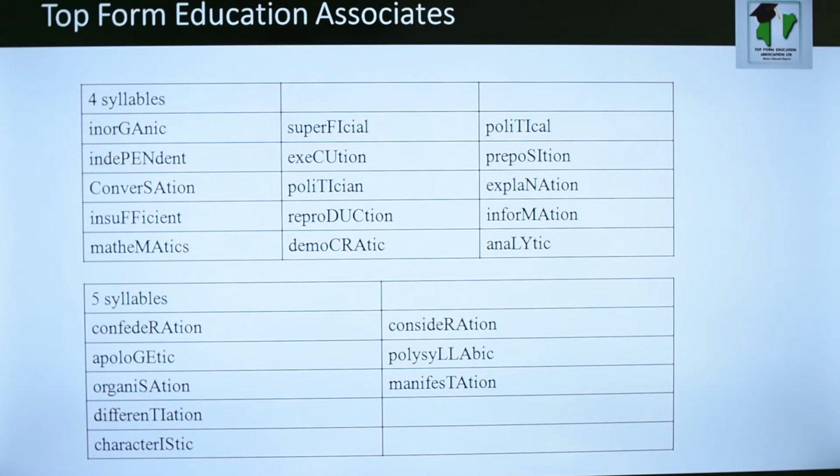Inorganic. 4. I remember those words that have those endings: NIC, DEN, CIAN, TION, TIC, and the rest of them. Once it has these endings, the stress is on the what? The second from the back. 1, 2, 1, 2, 1, 2.